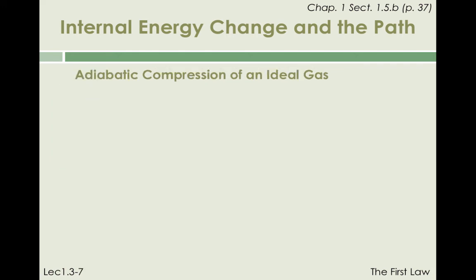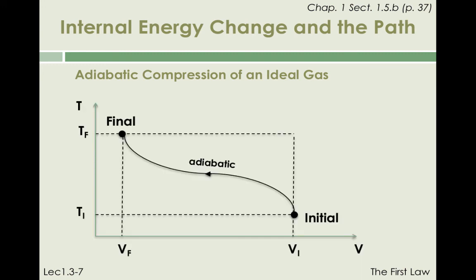The previous two processes can be more clearly represented using a schematic of temperature as a function of volume. The first path discussed on the previous slide is shown by the following curve, marked as adiabatic, between the initial and final states. The second path discussed on the previous slide is a sequence of two steps.